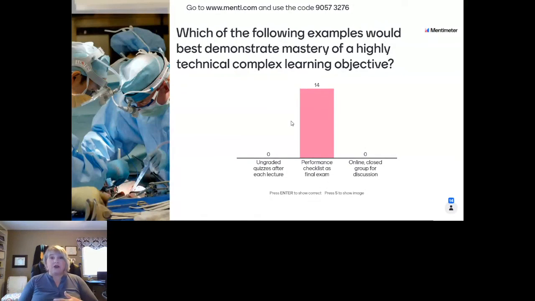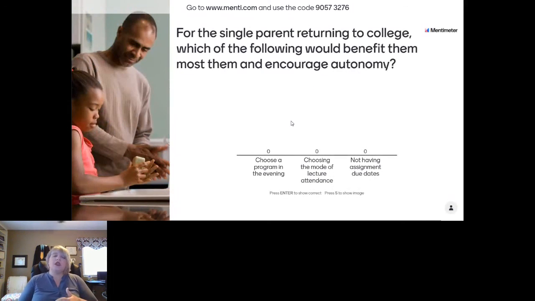A number of students may know the theory, but can they apply the theory in the real world? And if that's the intent of the course and the program, then the performance checklist is really the way to go for a final assessment.